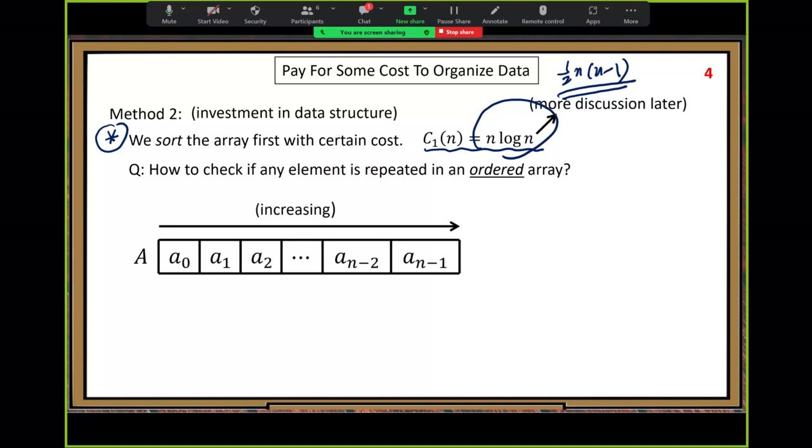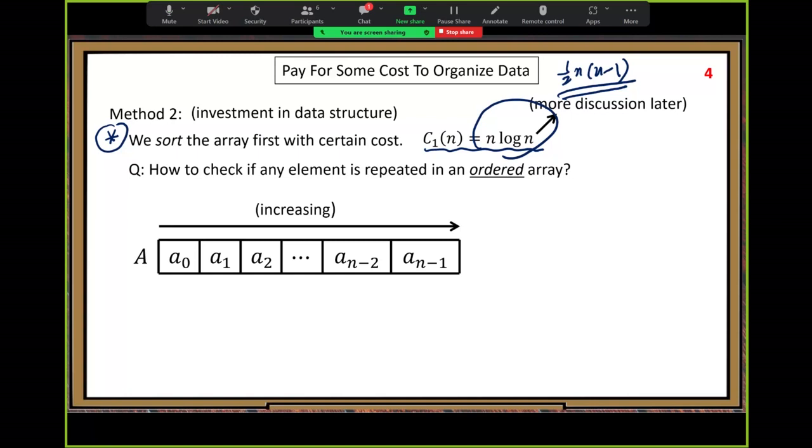All right, so let's do the comparison. This time, this array is in ascending order.